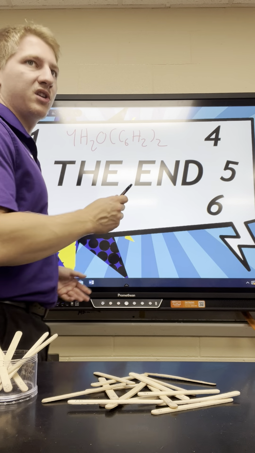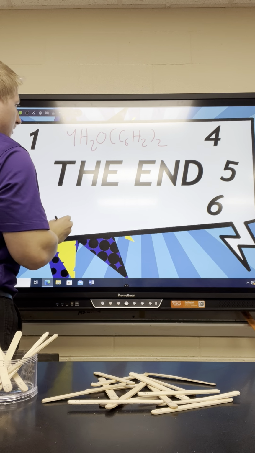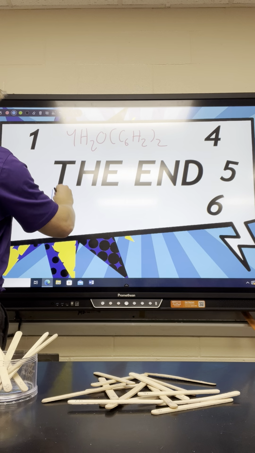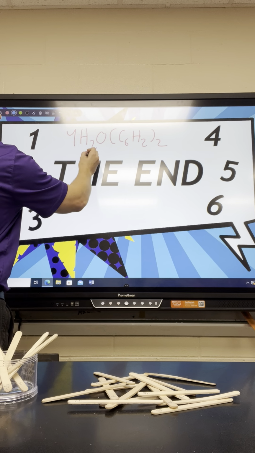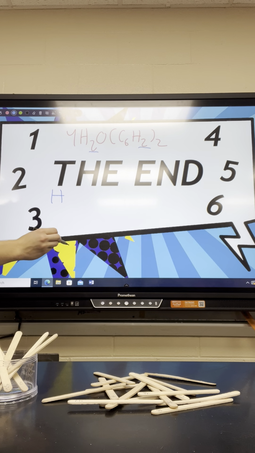All right. What's step 1, Maverick? You're right. So how many do we got? For hydrogen is 2, and then for oxygen is 1. Carbon.